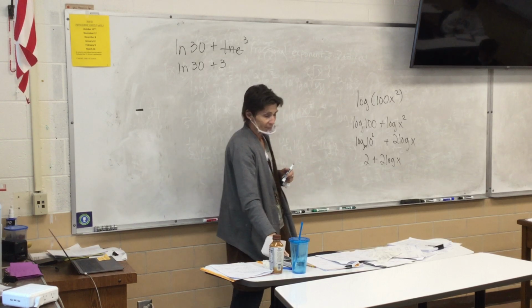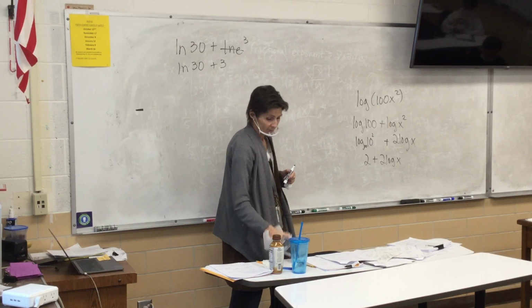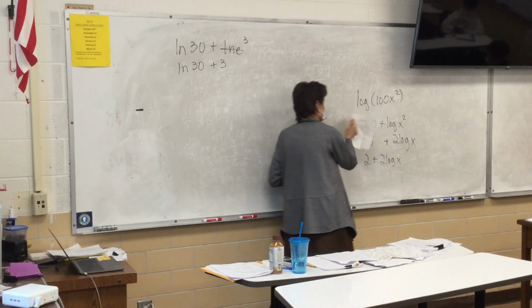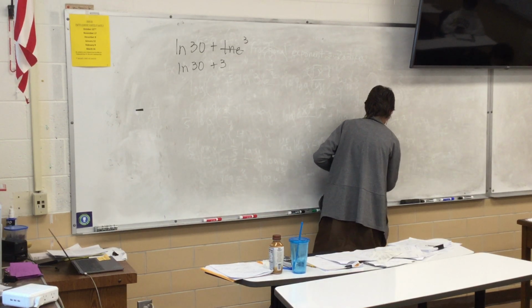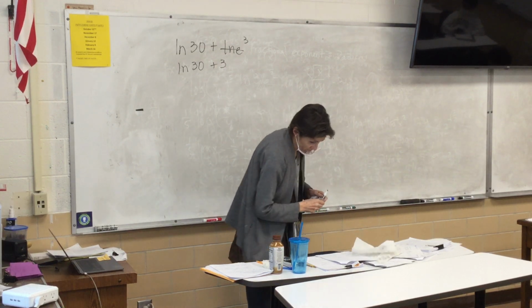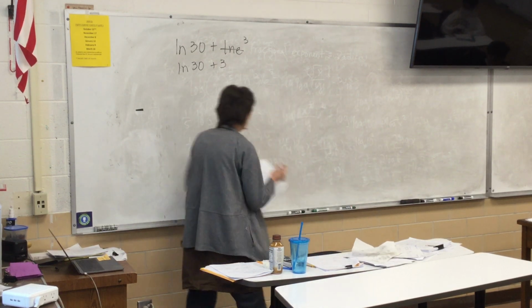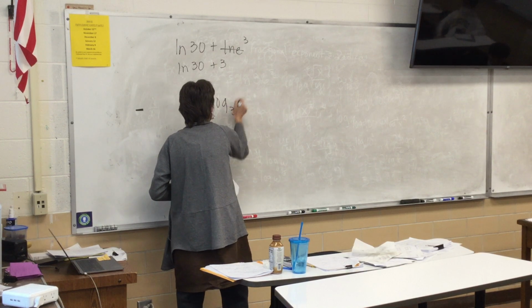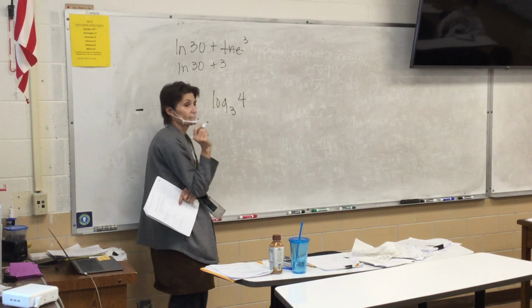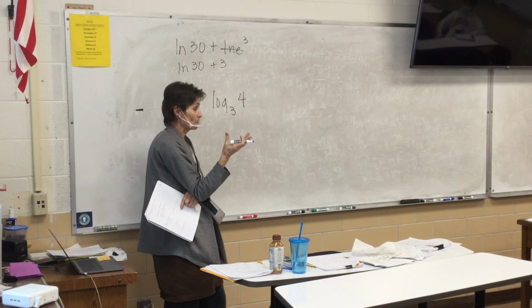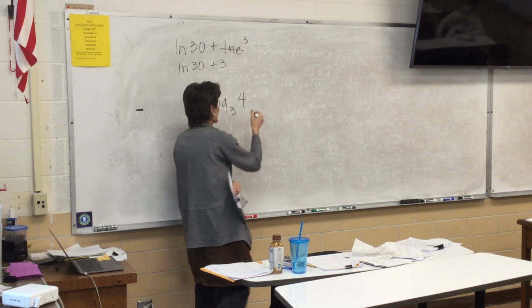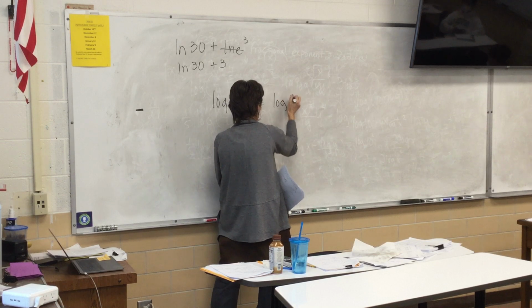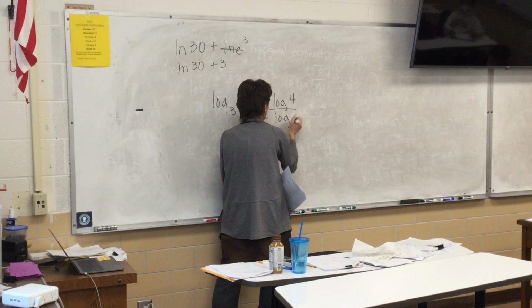But those of you like me, our calculator won't do it. So here's how, it's real simple. If we want to find the log base 3 of 4, if we want to get a number for that, we don't know what that equals. It's very simple. It's the log of 4 divided by the log of 3.